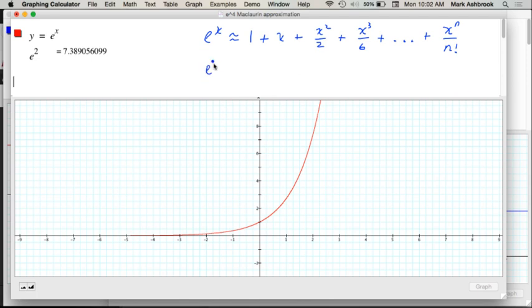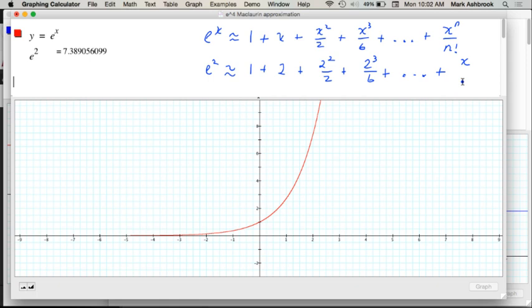So then e squared is approximately equal to 1 plus 2 plus 2 squared over 2 plus 2 cubed over 6, all the way. Is it going to add an infinite number of these terms together to get that value e squared?